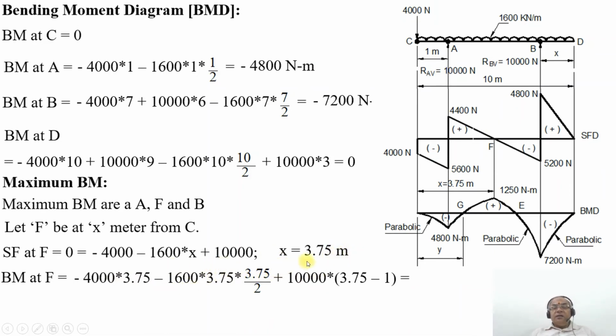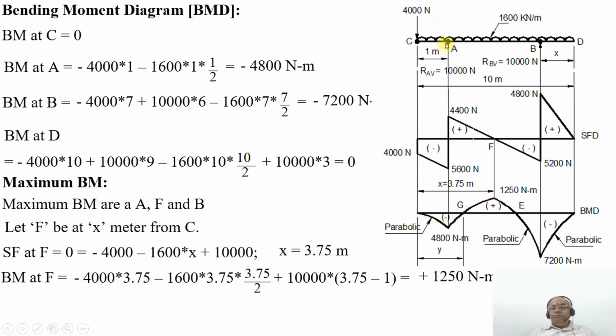Here we have not written the x equation, but straightly substituted the value: minus 4,000 into 3.75 minus 1,600 into 3.75 into 3.75 by 2 plus 10,000 into 3.75 minus 1. On simplification, you will get 1,250 Newton meter. So you will get the point where you have 1,250 Newton meter.